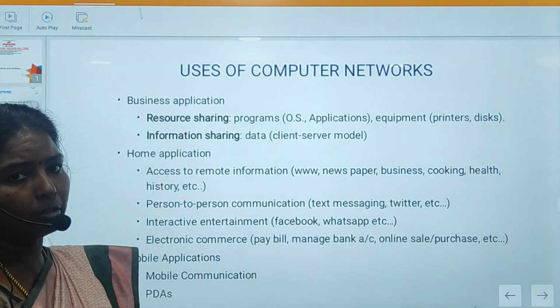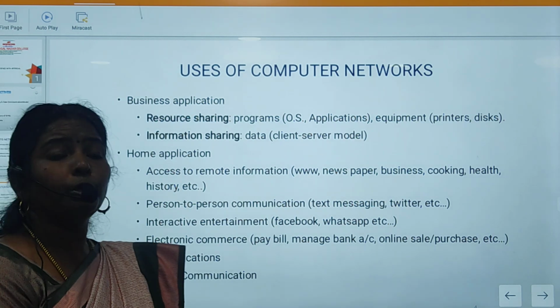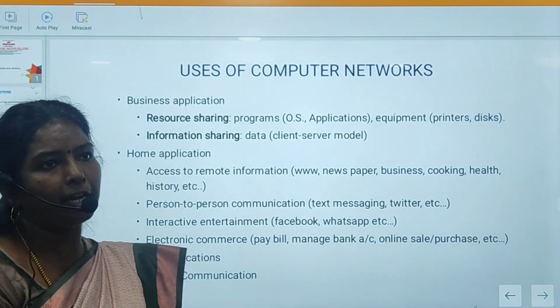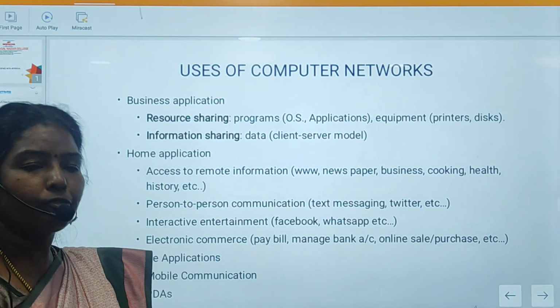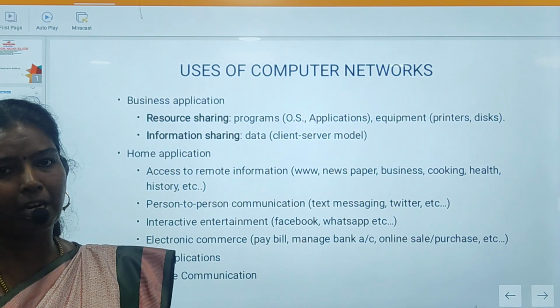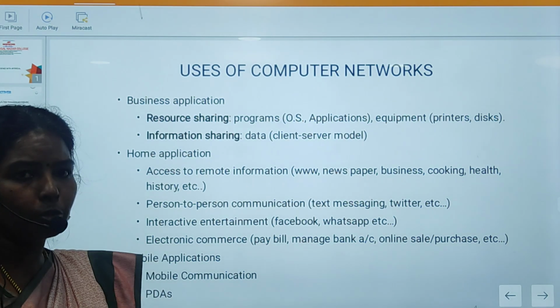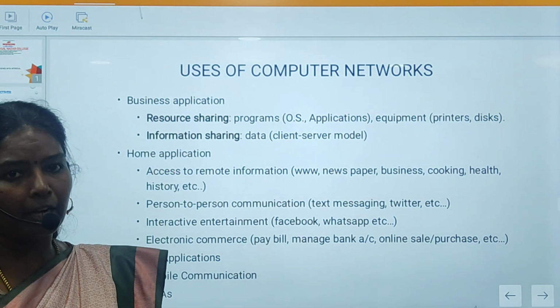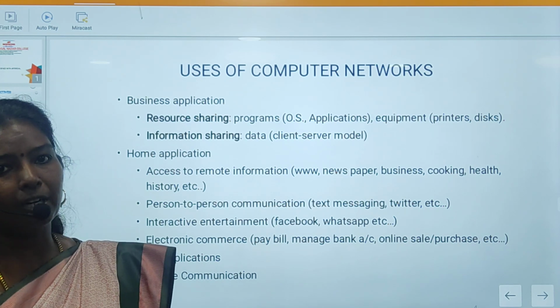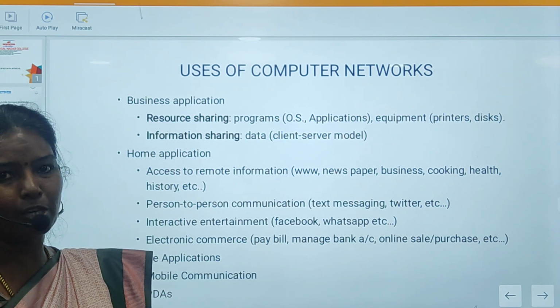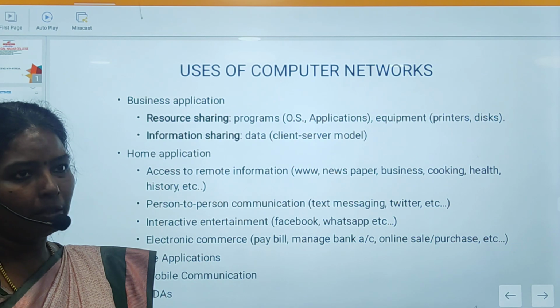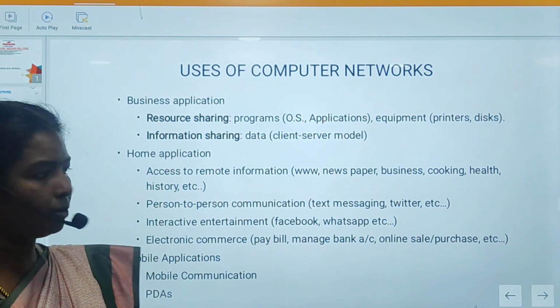In home applications, computer networks are used to access remote information like daily news or information related to cooking, history, health, etc. They are also used for interactive entertainment. The best examples of this type of application are Facebook as well as WhatsApp that we use in our day-to-day life.